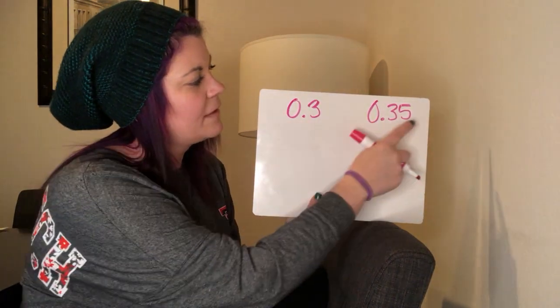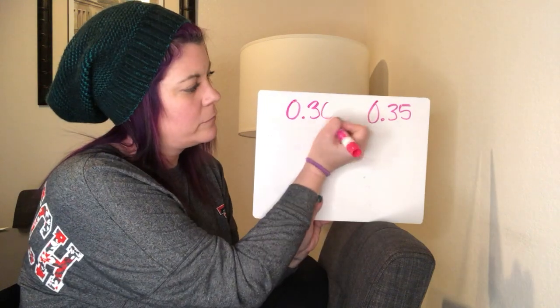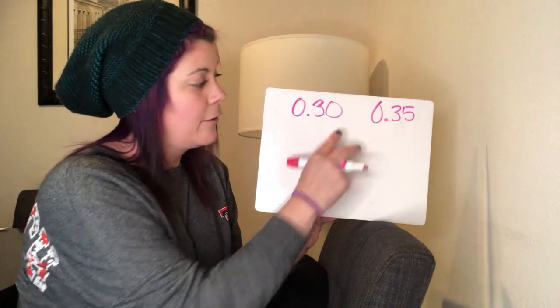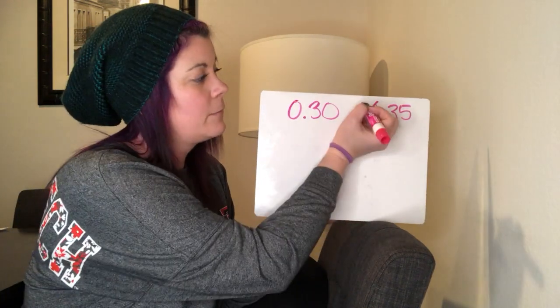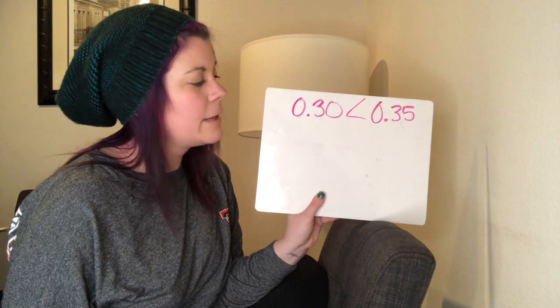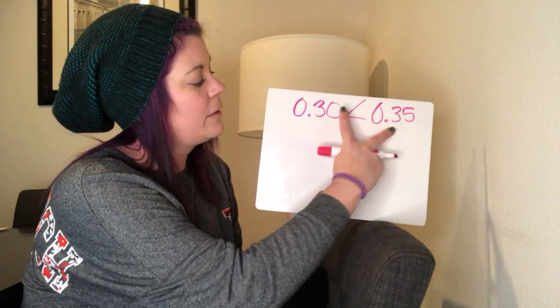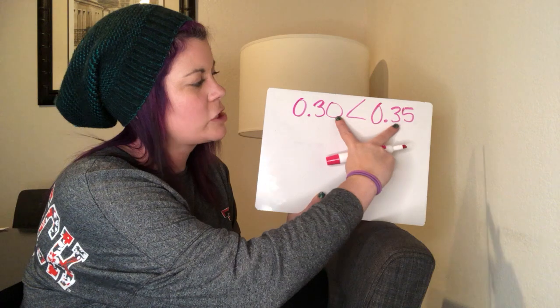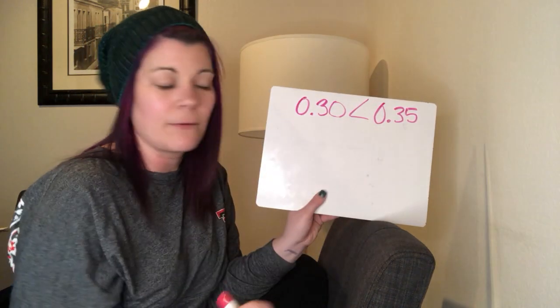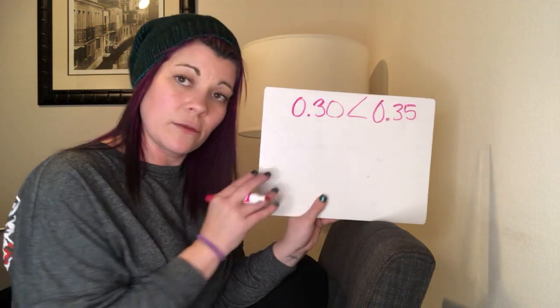This one has 1, this one has 2. So to make it have 2, we just put a 0. Then it's easy to compare 30 and 35. We know 35 is greater than 30. But really what you're saying is the 3's are in the tenths place, so we go to the hundredths place, and 0 and 5, we're comparing the hundredths place, and 5 is greater than 0. Or you can do the little trick that I just did. Let's do that trick again.